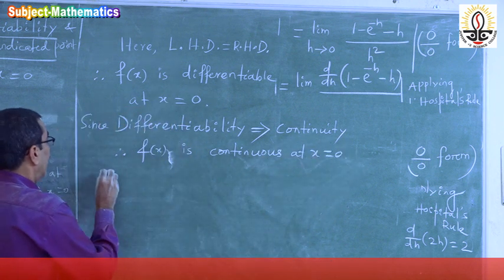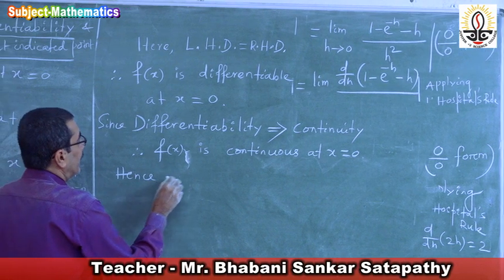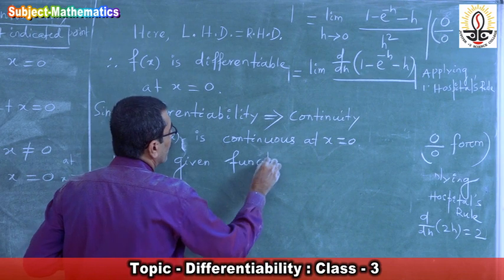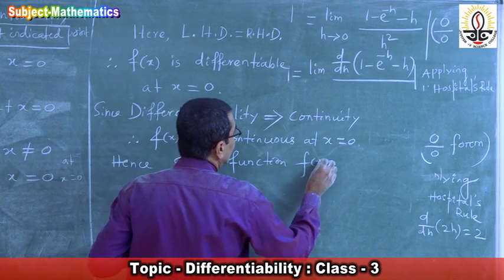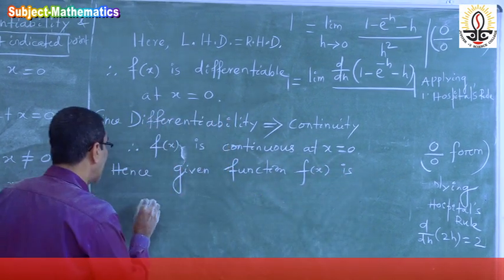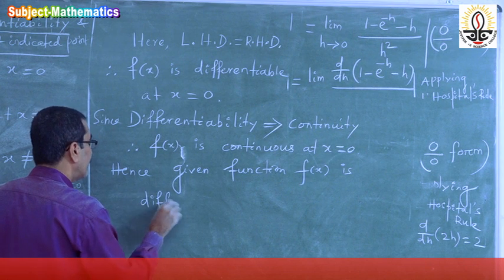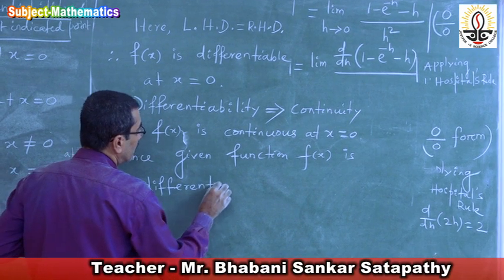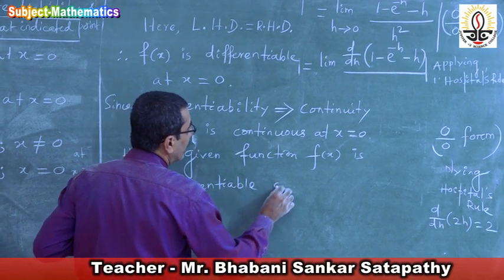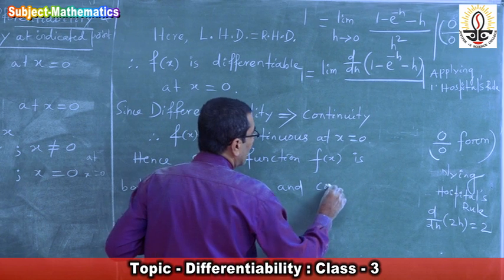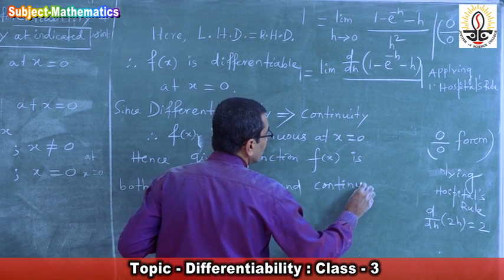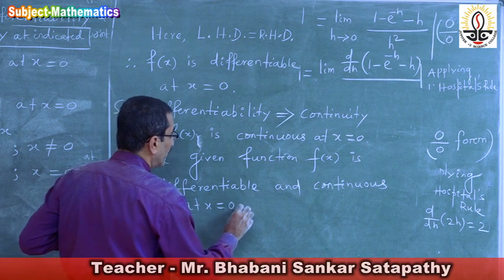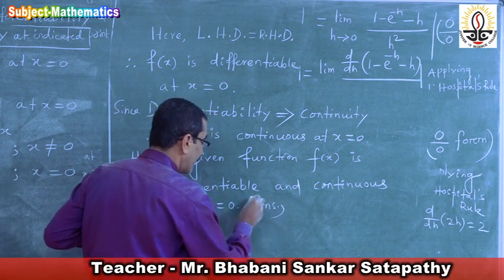So hence the given function f of x is both differentiable and continuous at x equal to 0. Your answer will end here.